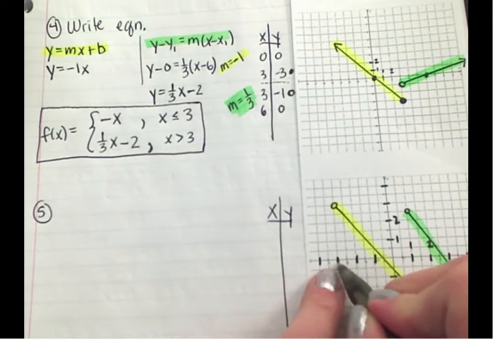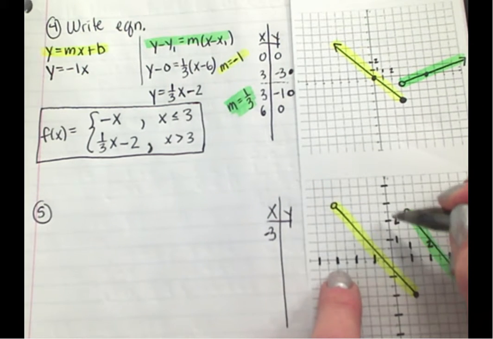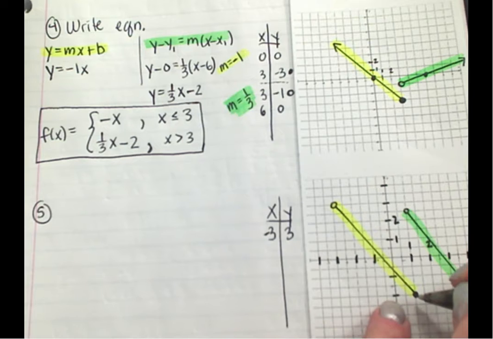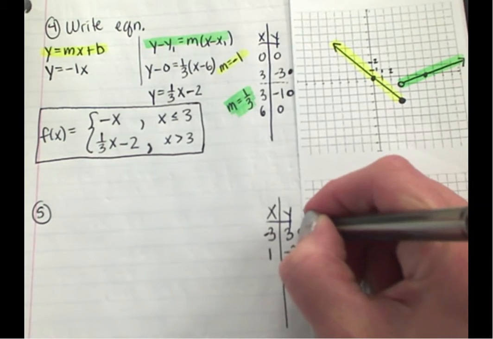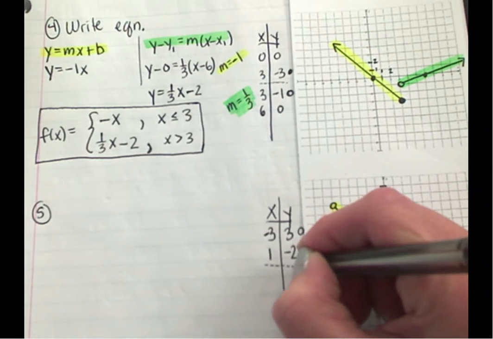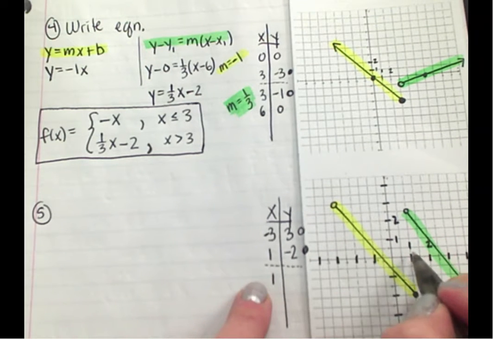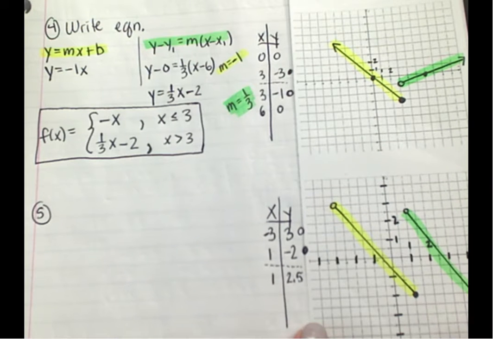One, two, three. Oh, this one's a little tricky. 1, 2.5. Yeah, that's a 2.5.